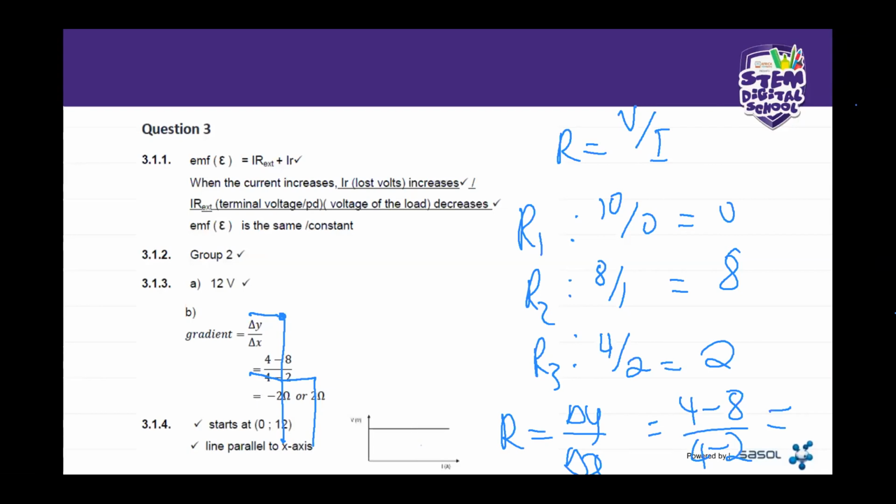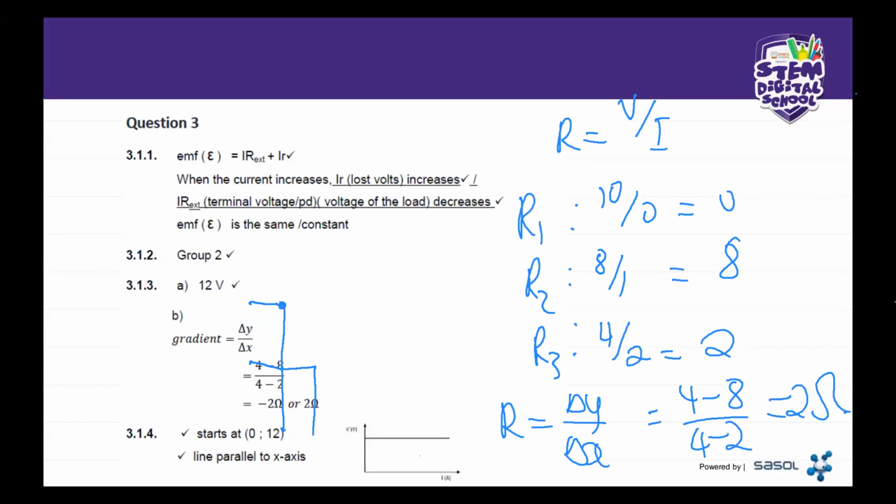So it's going to be 2 ohms. 2 ohms resistance, okay.